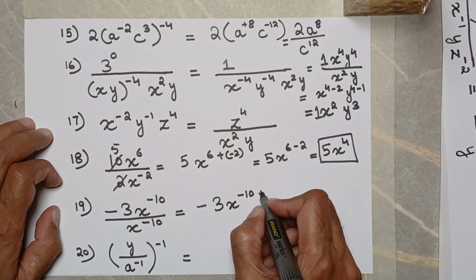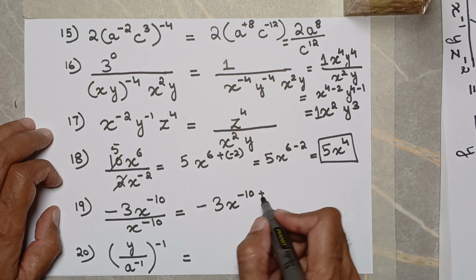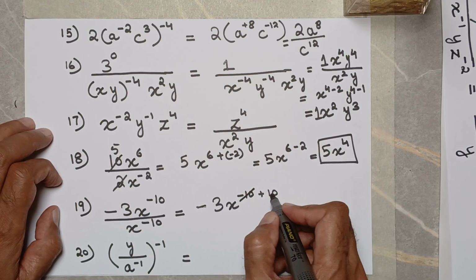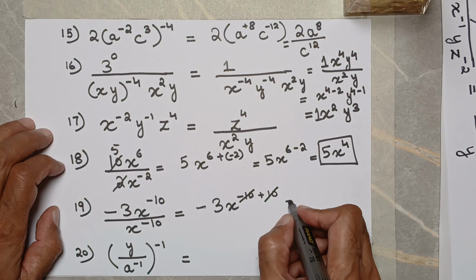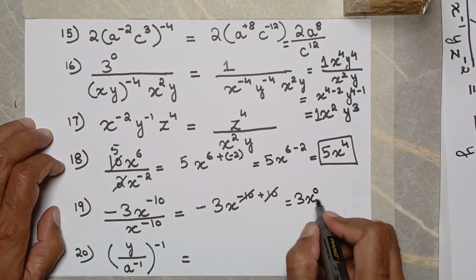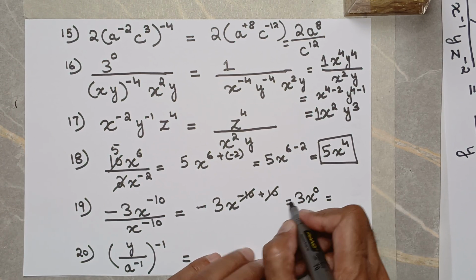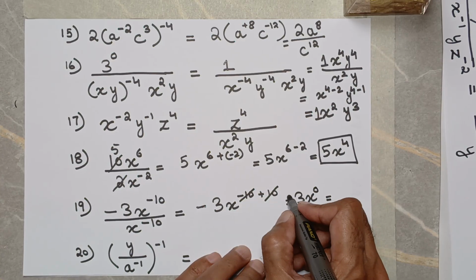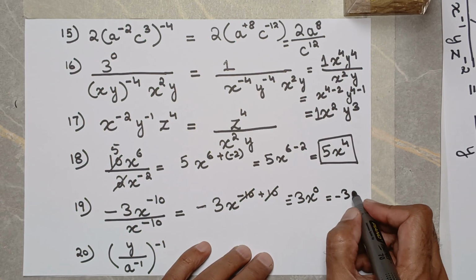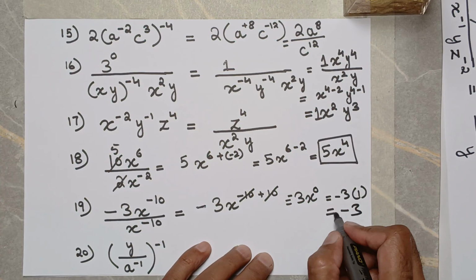When we move it to the top, it will become plus 10 over here. So minus 10 and plus 10 obviously will cancel out with each other, and we are left with 3x raised to the power 0. Now x raised to the power 0, that means 1. About this minus sign, it will come over here. So it will give us minus 3 raised to the power 1, and our final answer will be minus 3.